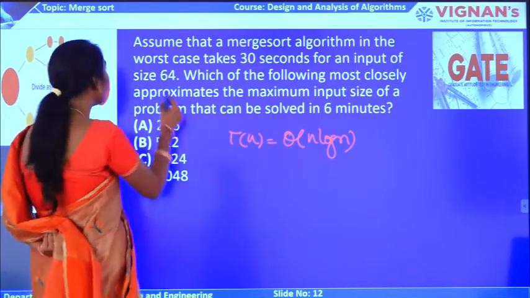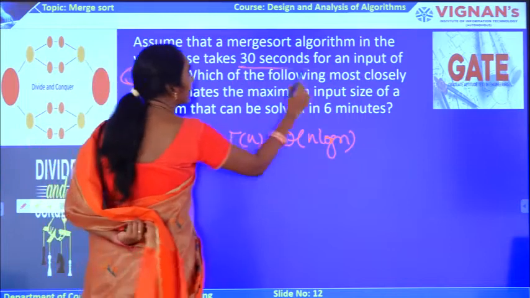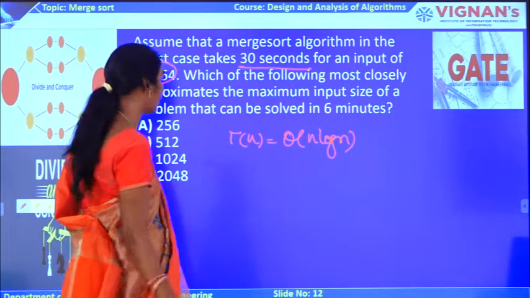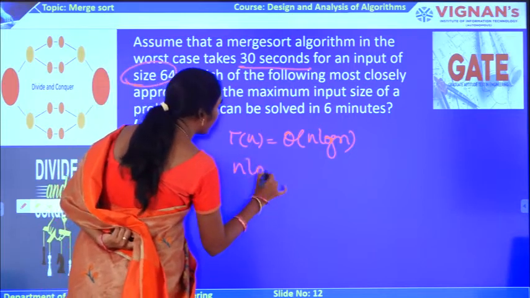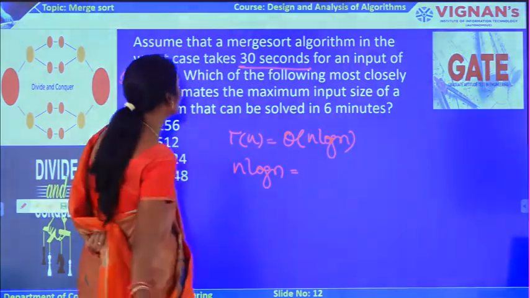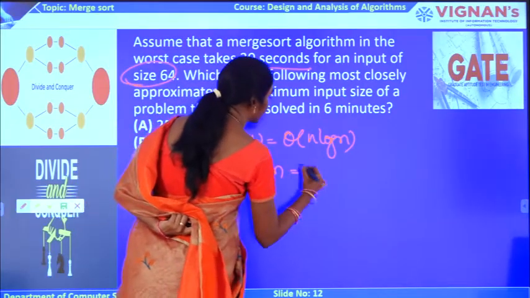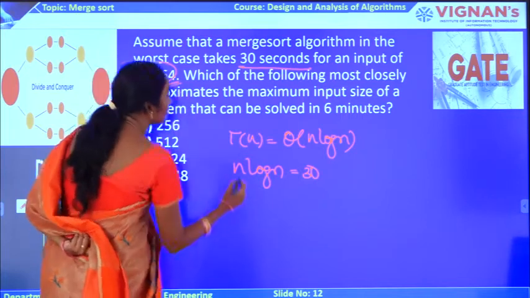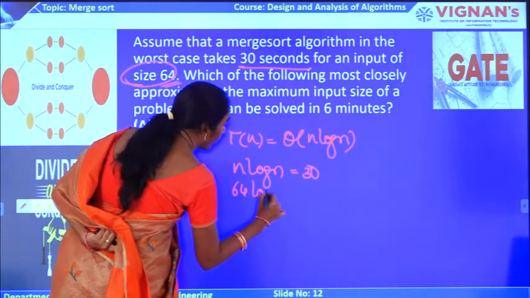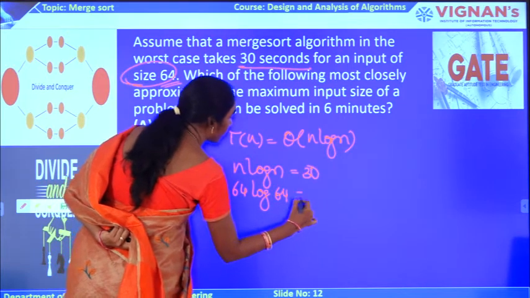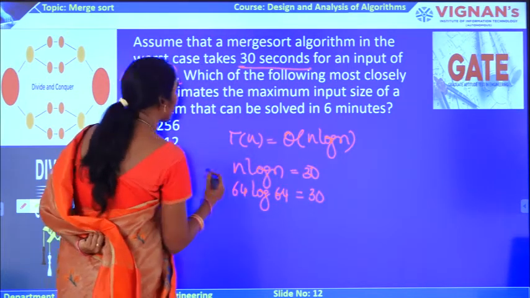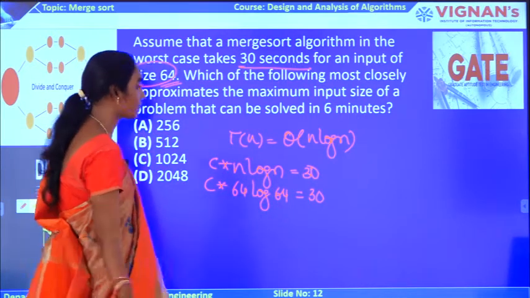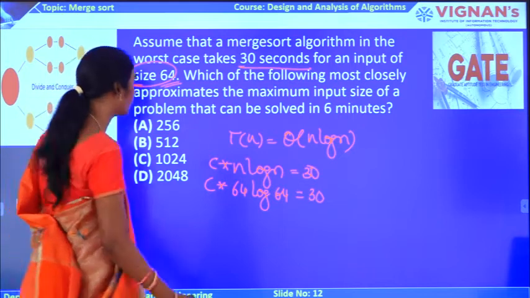For the input of 64, it takes 30 seconds in the worst case, and for the worst case the complexity is n log n. So n log n is equal to 30 seconds, where n is 64. So 64 logarithm of 64 is equal to 30, which can be written as C into n log n equals 30.